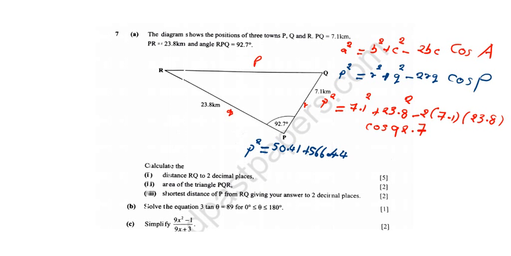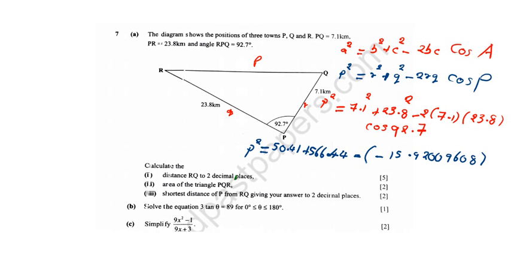And then you say minus. So when you multiply 2 times 7.1 times 23.8 times cos 92.7, we are getting a negative. So this negative is for that negative 2. And then we multiply, we get a negative 15.92009608.